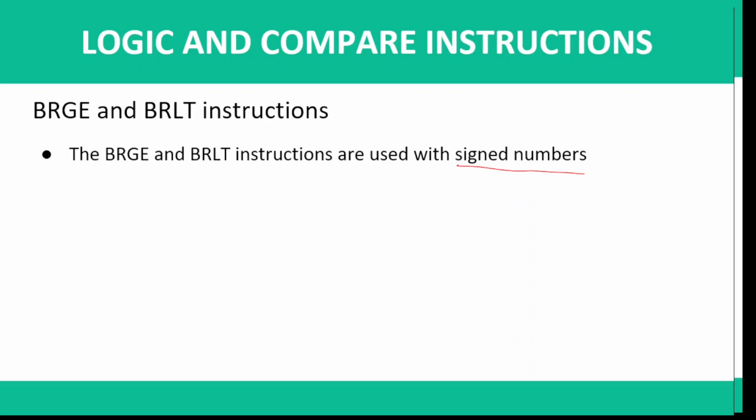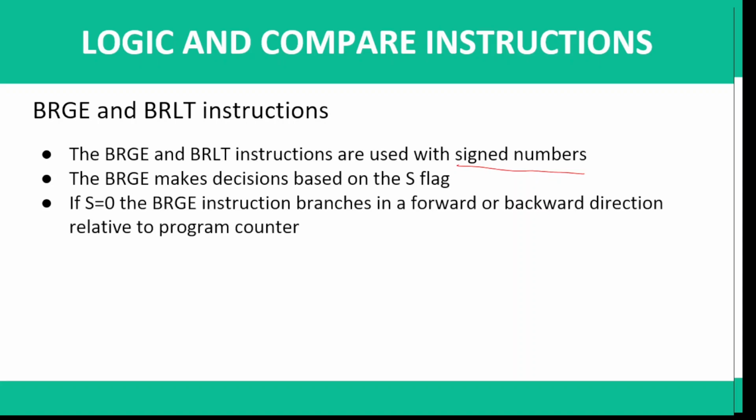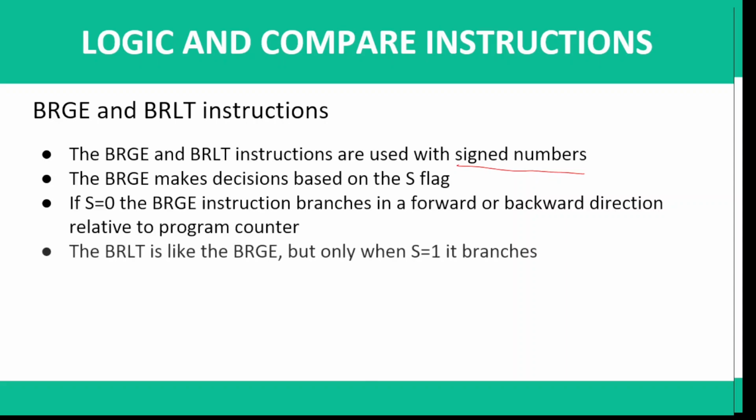BRSH and BRLO will have a decision according to the carry flag. But for BRGE and BRLT, they will have the decision according to the S flag. So, if the S flag is 0, the BRGE instruction branches in forward or backward direction relative to the program counter. And BRLT is like BRGE, only it branches if S is equal to 1.